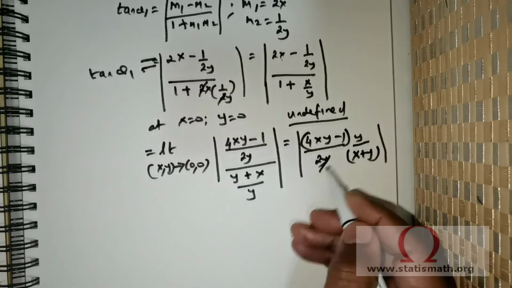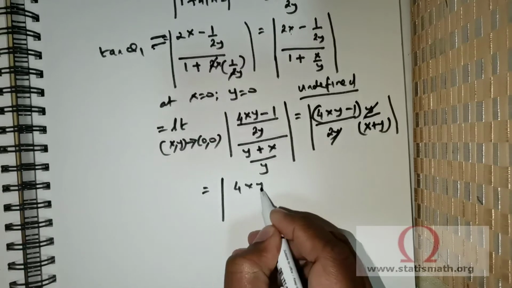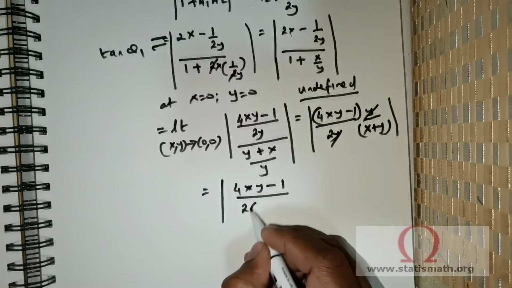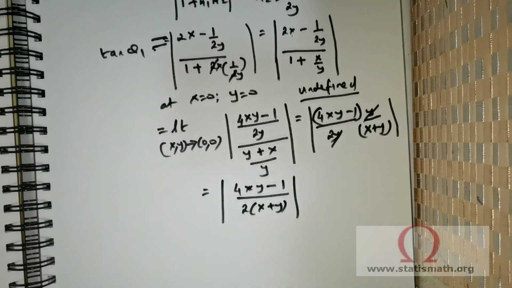Now clearly the y's can be cancelled, giving me (4xy minus 1) divided by 2 times (x plus y). So I've got a quantity like this.